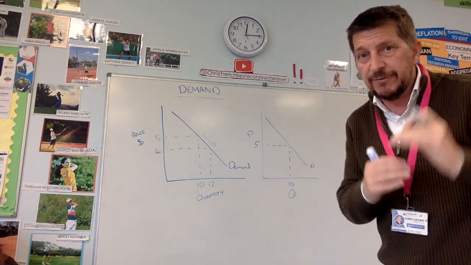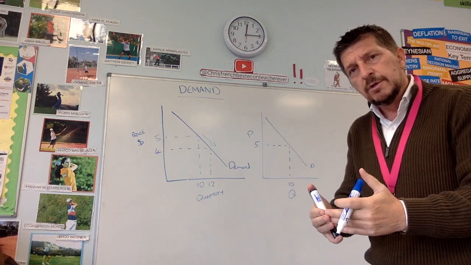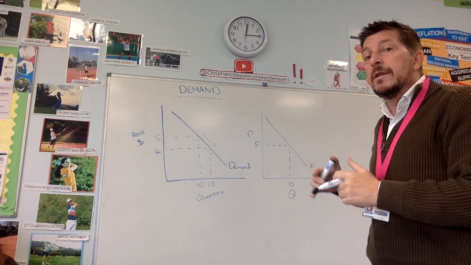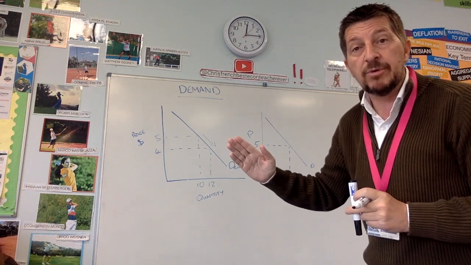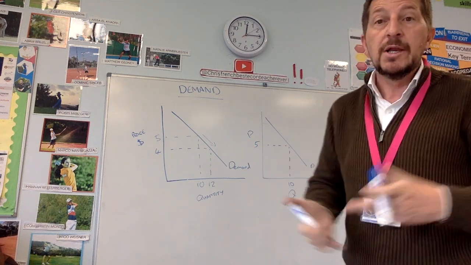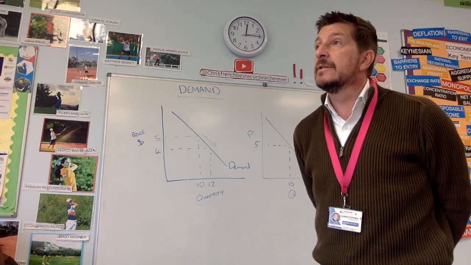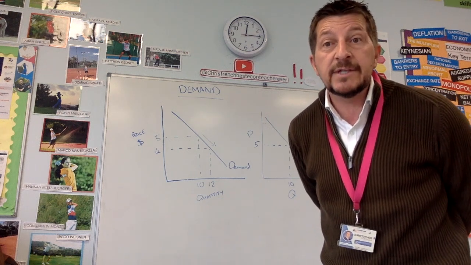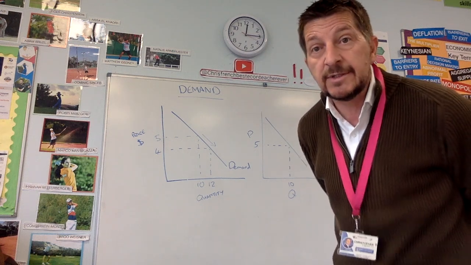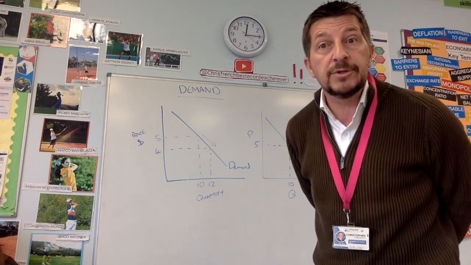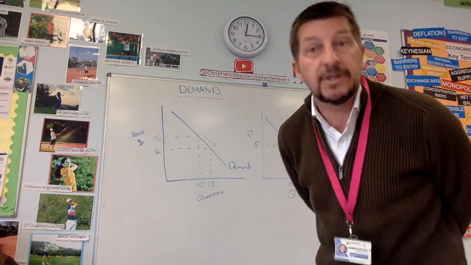Let's leave the price at 5, but let's think, what might change which will make more people buy the product or less people buy the product? So, let's use a basic example. Let's say there is the demand for, let's say, apples. Let's suggest there is a newspaper article that is released that suggests that apples are extremely good for you and you should eat as many apples as you can every day.